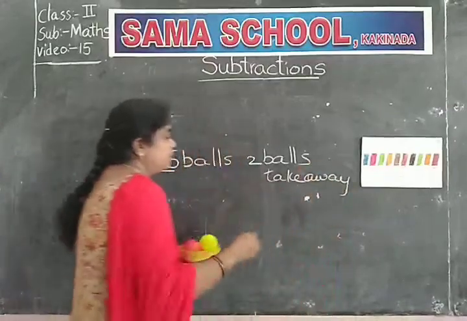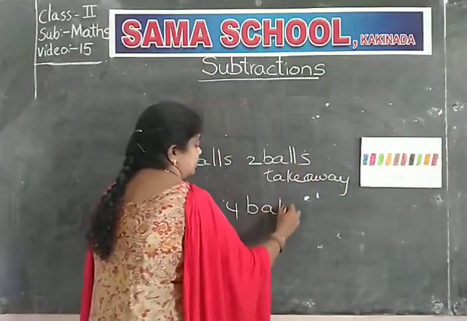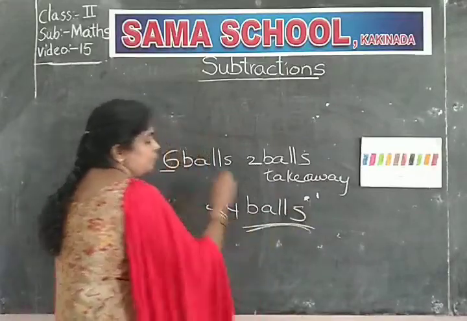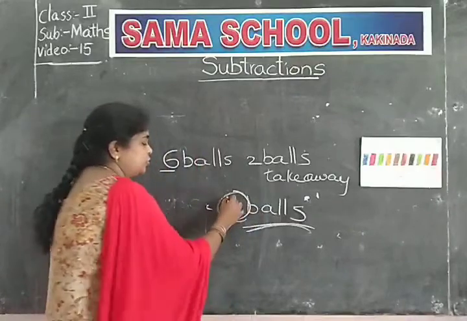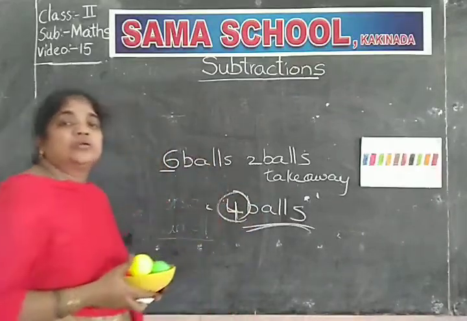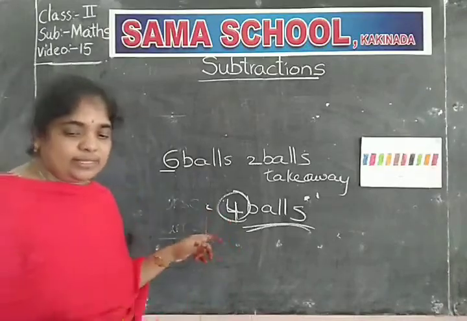How many balls are there in the basket? There are 4 balls. To know these numbers, I use subtraction. Using subtraction only, we can find the remaining things.